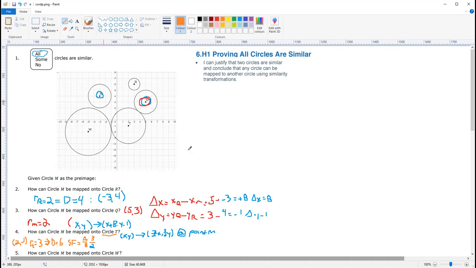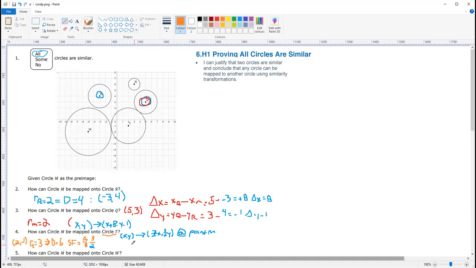I showed it to you how to do it over here, so I'm just gonna do it here. My change in x is gonna be 2 minus negative 3, so it's going to be 5. You can also count 1, 2, 3, 4, 5.